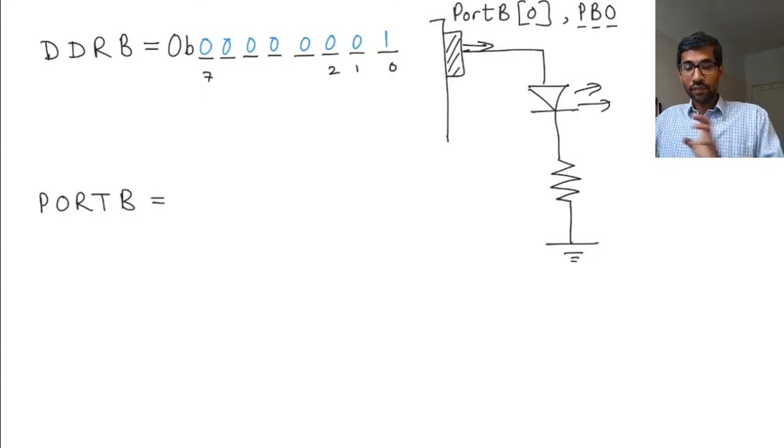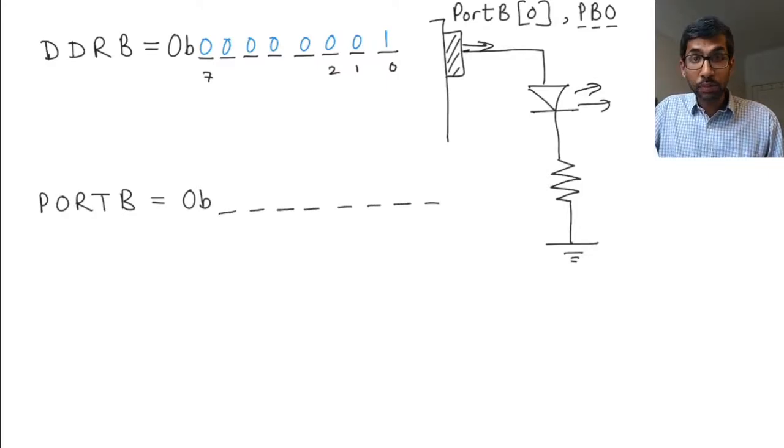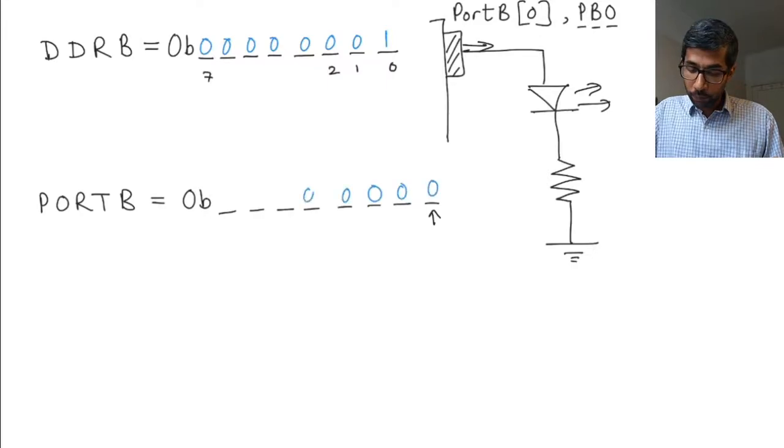So I will write 0B, and this also has 8 places, and the place that corresponds to PB0 is this place. So I write 0 here, and I don't care what I write in the others, but I can just write 0. You could write 1 as well, because you don't care what happens at this point.